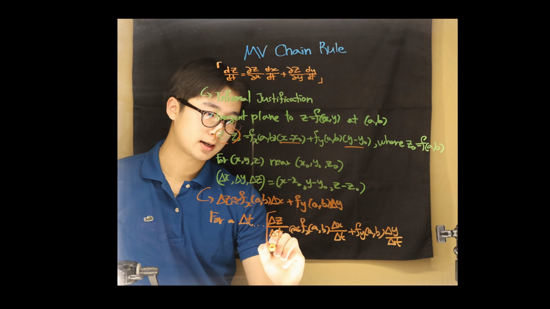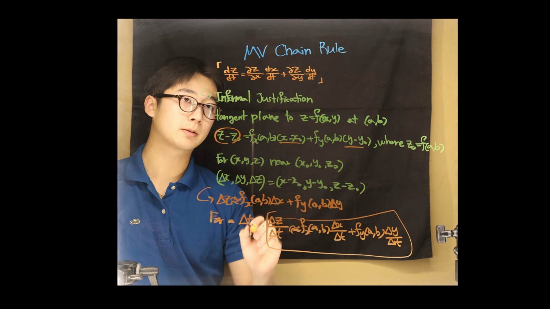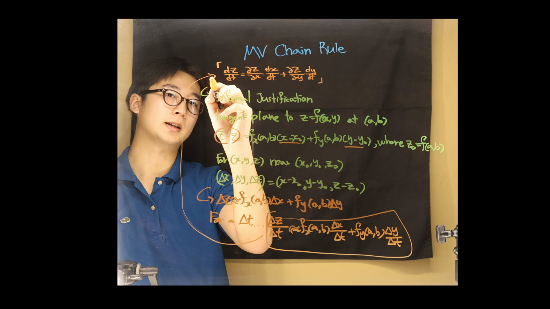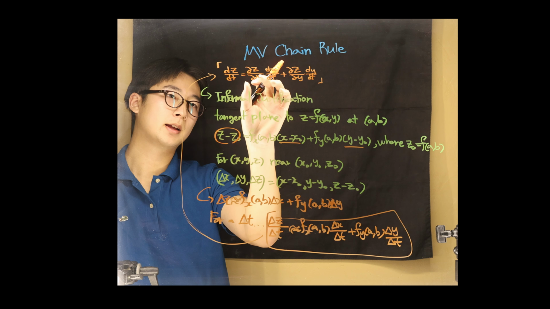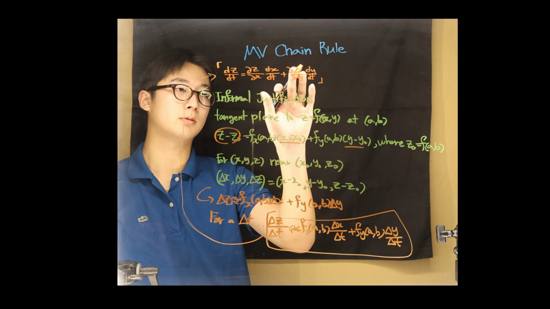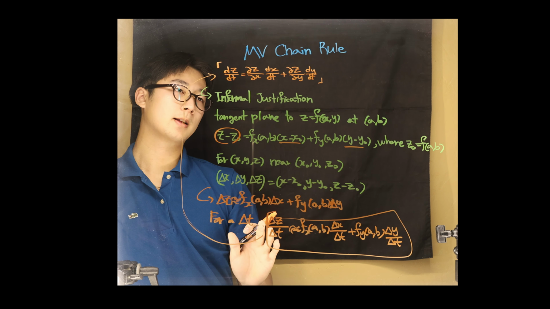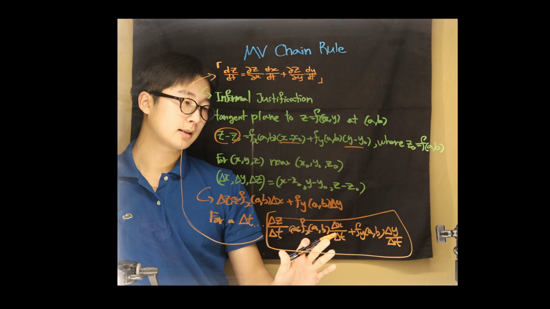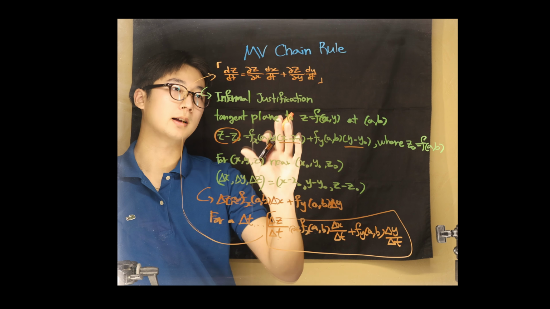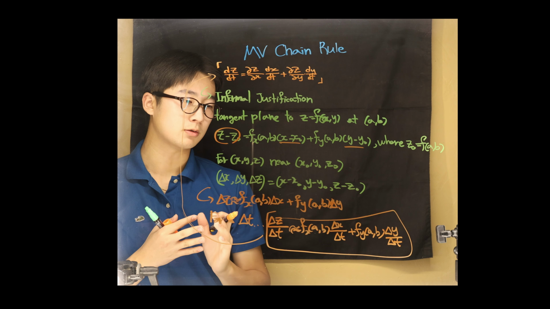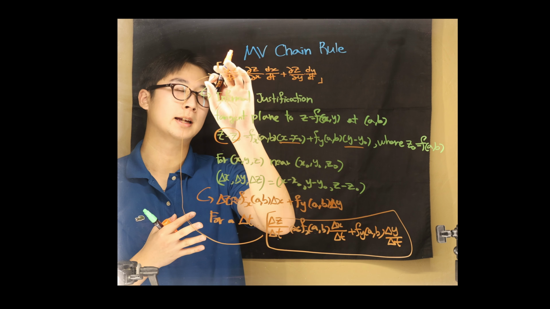So this entire equation can be rewritten as the final formula. dz over dt is equal to partial x times dx dt plus partial y times dy dt using the limit. That's how we got the formula of the chain rule, and I hope this helped you with the intuition behind this formula.